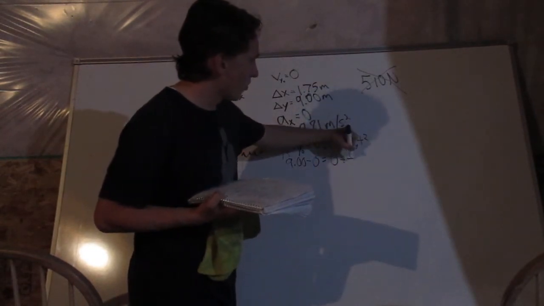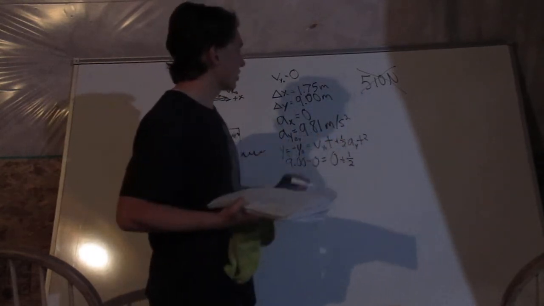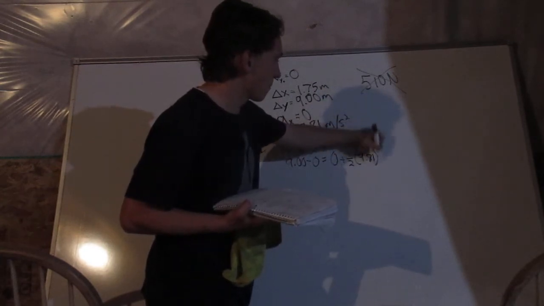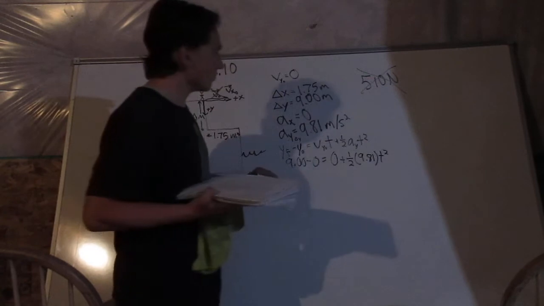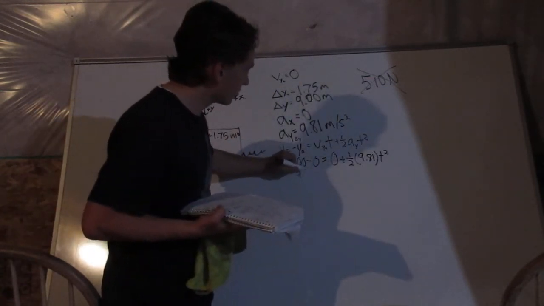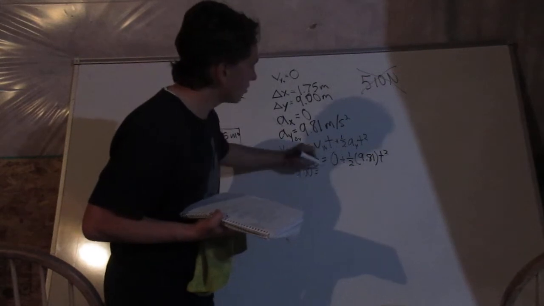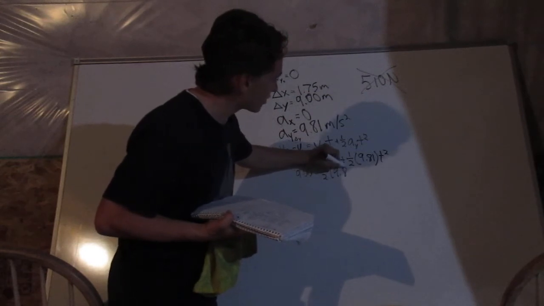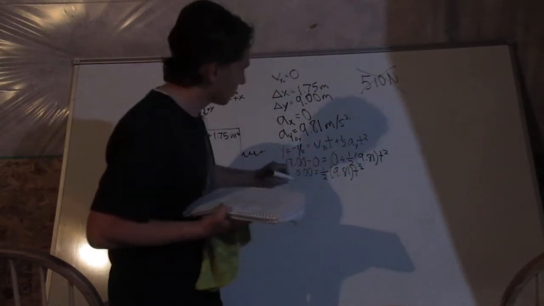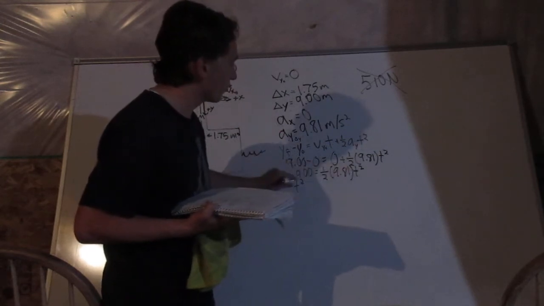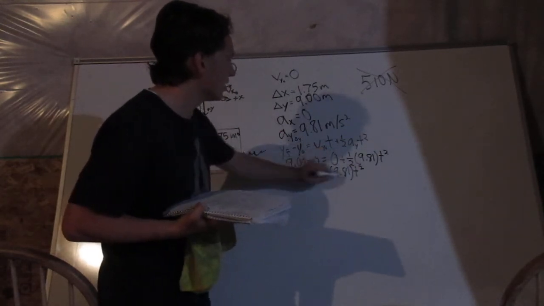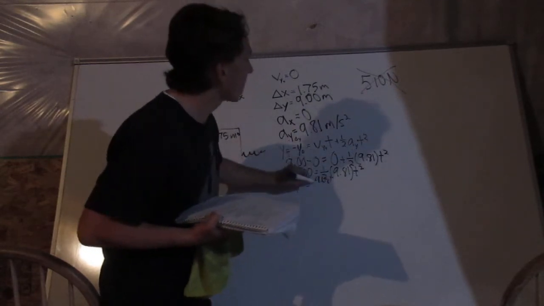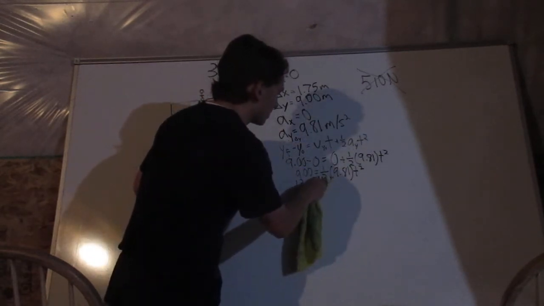Because now we just have to worry about this part. Our acceleration, 9.81 t squared. Now this is pretty easy to solve. 9.00 equals 1/2 times 9.81 t squared. We just move everything over to the same side. I'm going to move t over here, but really we're dividing these terms over. Sorry for getting a little messy there.